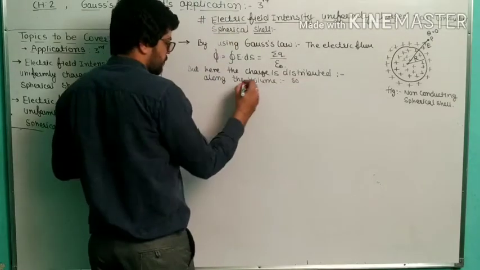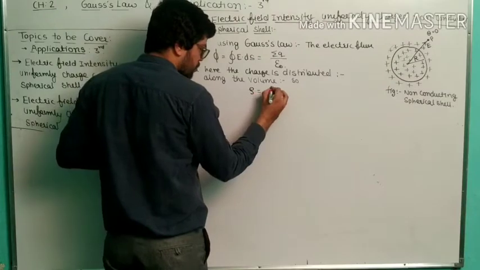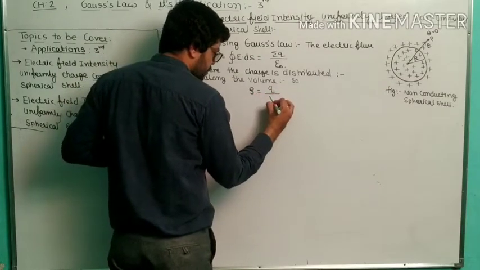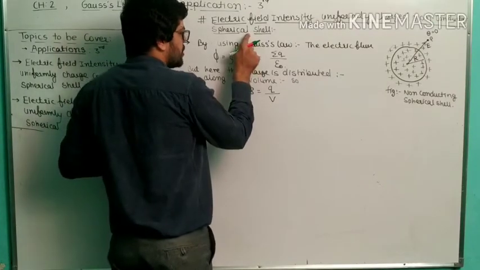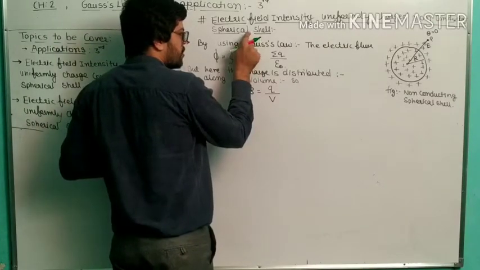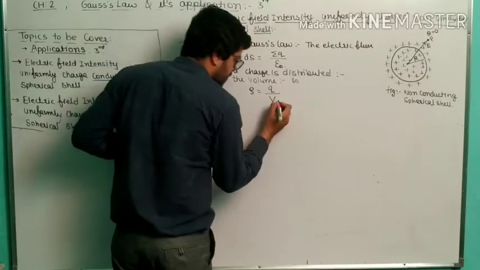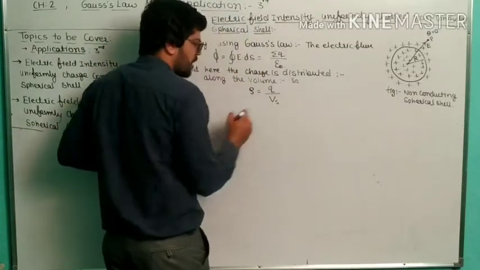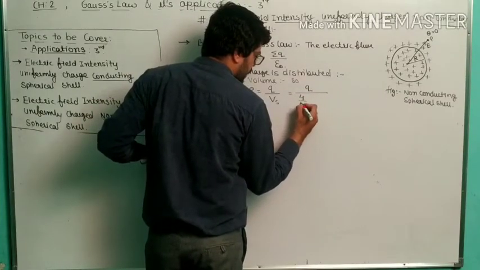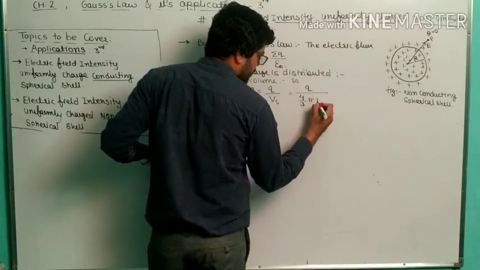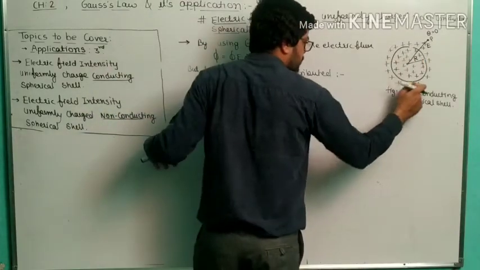So we know that rho is equal to Q by V. But you know the shape of the object is spherical. So what are we talking about? Volume of sphere. Q divided by, what is the volume of sphere? 4 by 3 pi capital R cube, because we are talking about the original sphere.